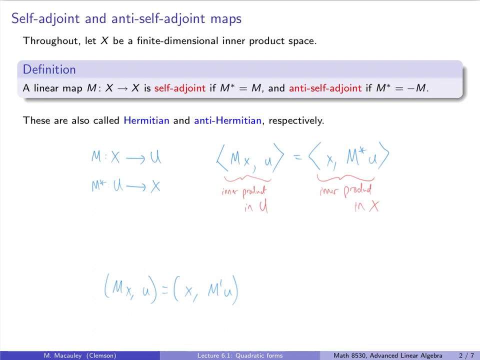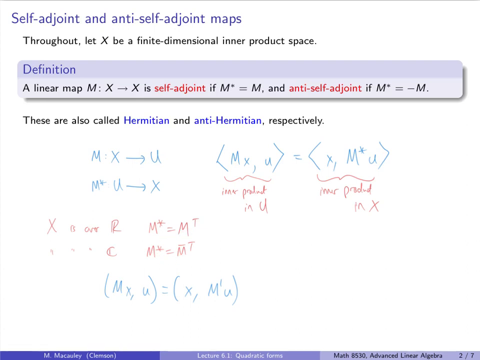Finally, there's one more important thing that I want to mention, is that if X is over R, in other words, a real vector space, then M star is just the transpose of M. And if X is over C, in other words, a complex vector space, then M star is the conjugate transpose. So over R, the conjugate transpose is the transpose because the complex conjugate of a real number is itself. So this isn't anything different than this. This is just a generalization or an extension of this.